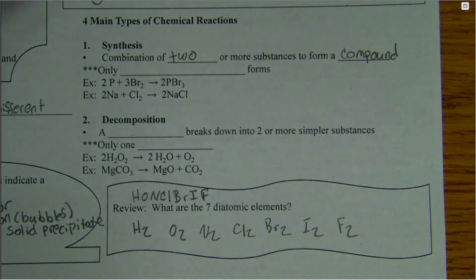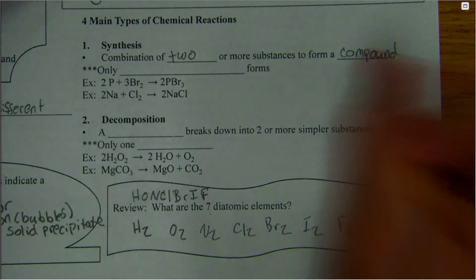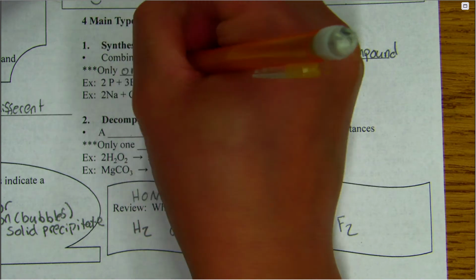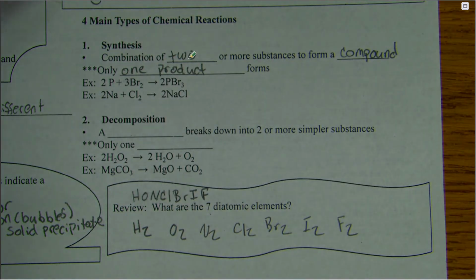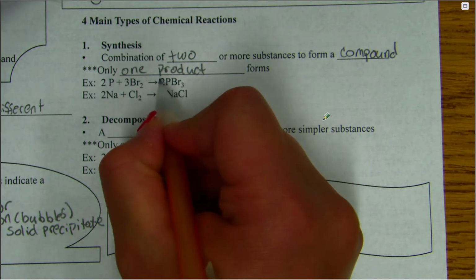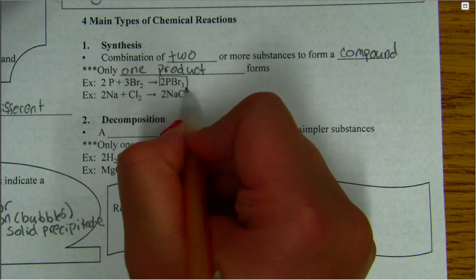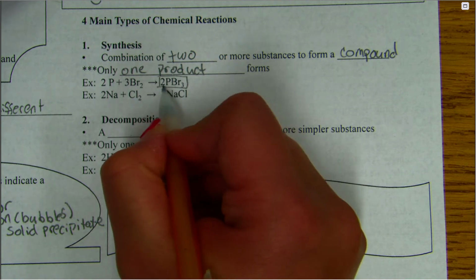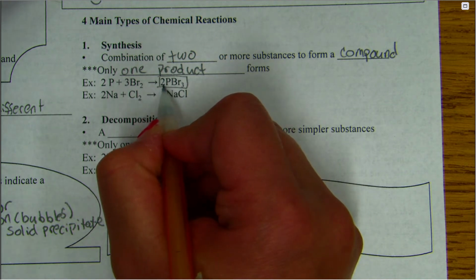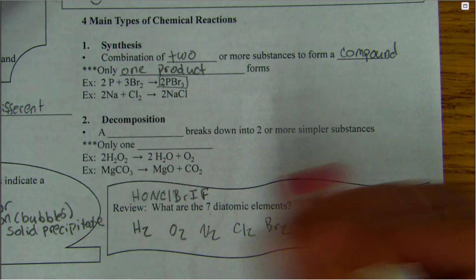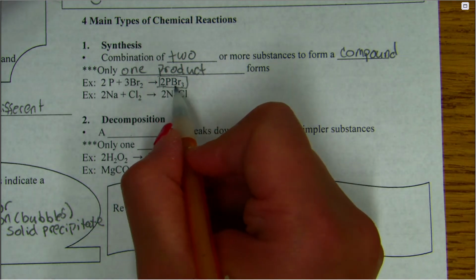So in a synthesis reaction, we have only one product, and this is important. So you can determine a synthesis reaction if there's only one product. Remember, the products are on the right side, and I only have one. Now, there are 2 units of product, but there's only one type of product, and it is PBr3.